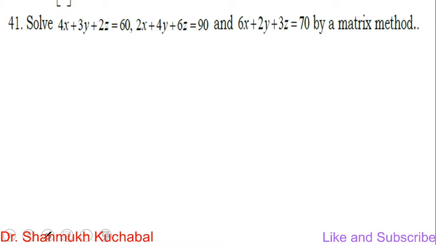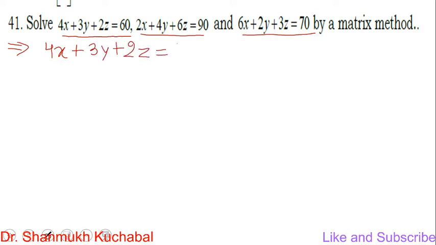Solve. See, there are 3 equations. This is the first equation, second equation and third equation. By matrix method we have to solve it here. Like a system of linear equations, we will take it one below another. So it is 4x plus 3y plus 2z equal to 60.